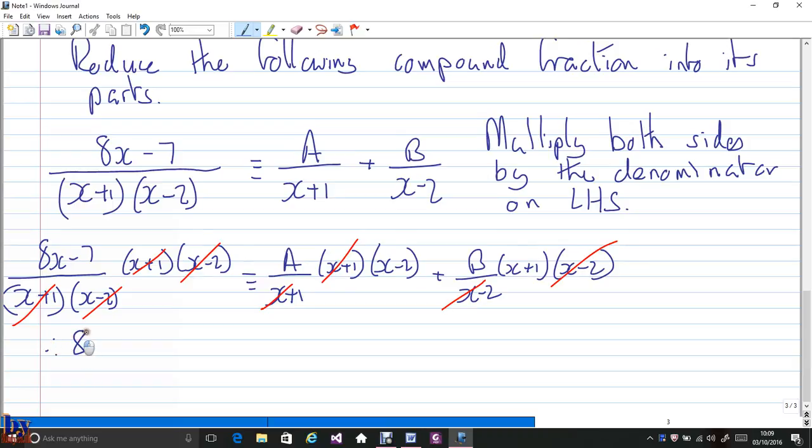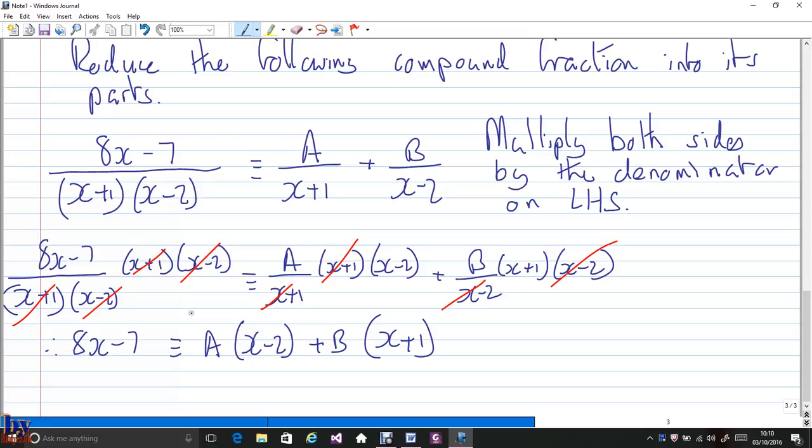Therefore, we're left with just 8x minus 7 equates to A into (x minus 2) plus B into (x plus 1). Okay, so I hope you can see that process. Nothing really too strange, I hope.